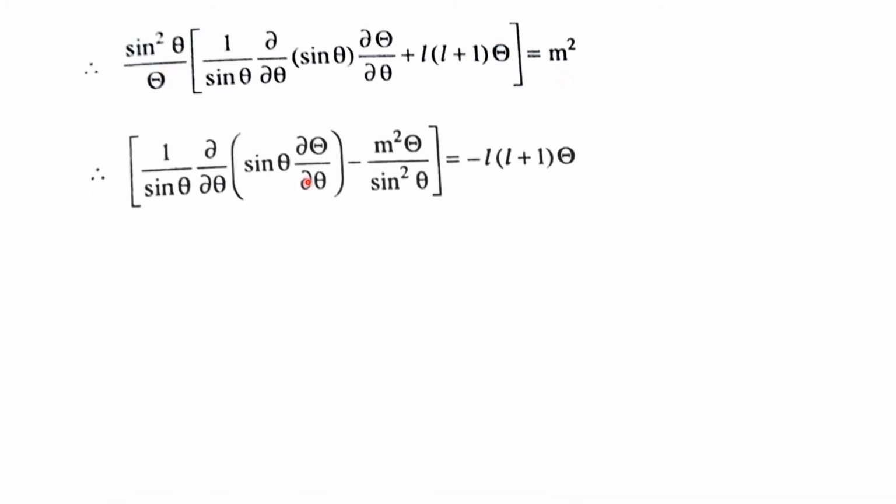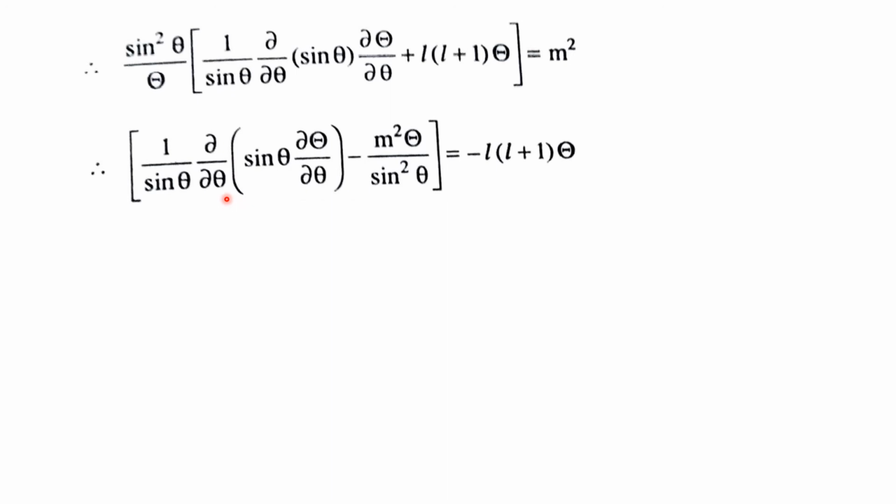The equation becomes 1 upon sine theta into del theta into bracket sine theta del theta by del theta, minus m squared theta by sine squared theta, equal to l into l plus 1 theta, since the second bracketed term we take outside and we get this resulting term.